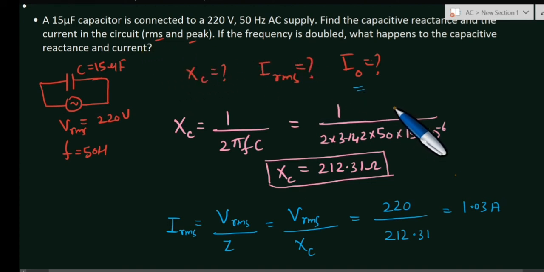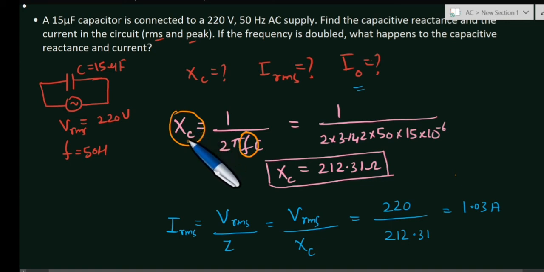So we know that the frequency depends on the reactance like this. The frequency and the reactance are inversely proportional. So if the frequency is doubled, the capacitive reactance reduces to half.